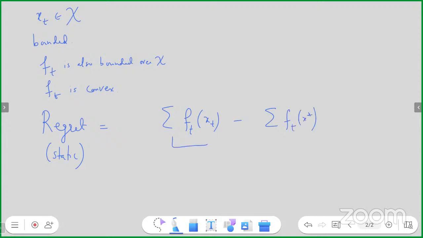So this is the cost of my algorithm, any algorithm I'm running, and you maximize this with respect to the choice of f_1 through f_T, because I don't have this under control. Somebody can provide them in such a way that this whole thing is quite large. That's why there is a maximum over all function choices which satisfy these properties. All f's are convex, all f's are bounded. This is the cost of my algorithm. This is the cost of the static optimal.